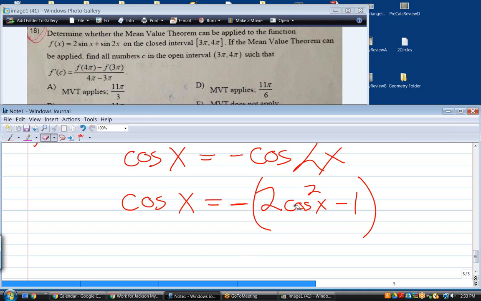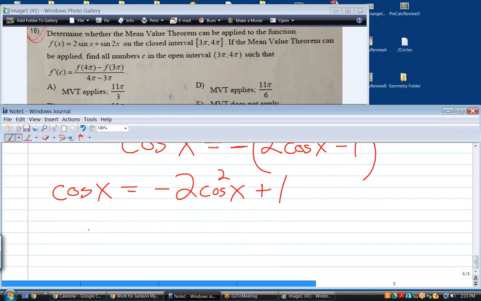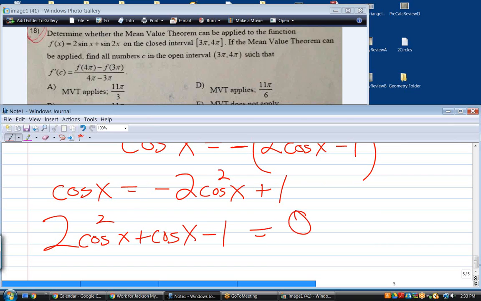So, first of all, let's eliminate the parentheses here. What do I get? Right. Now I move everything to one side because I have a quadratic. And then I solve it.